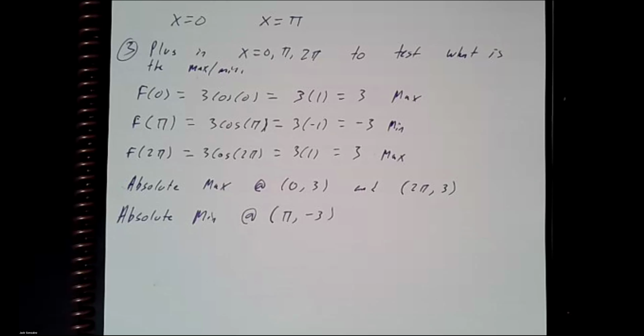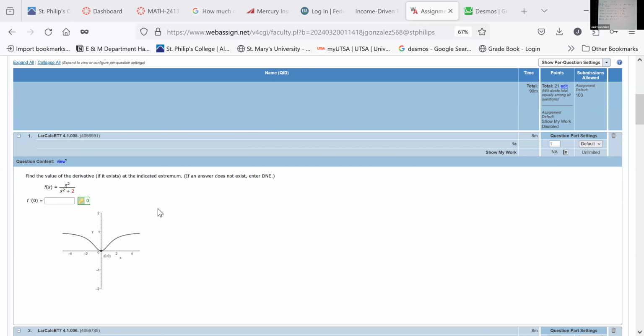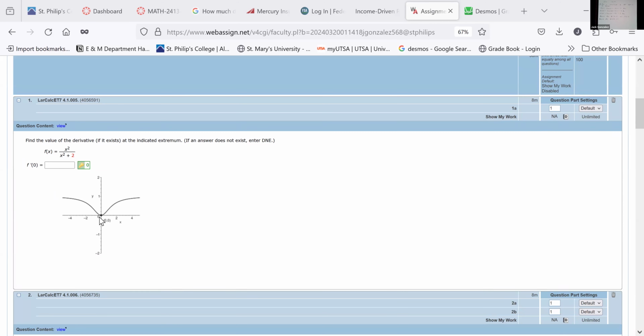All right. Let's look through the homework so you can get an idea. So here, find the value of the derivative. You should see that this is a local minimum, or actually absolute minimum here. So the derivative should be 0 at this location because the tangent line will be 0, right?